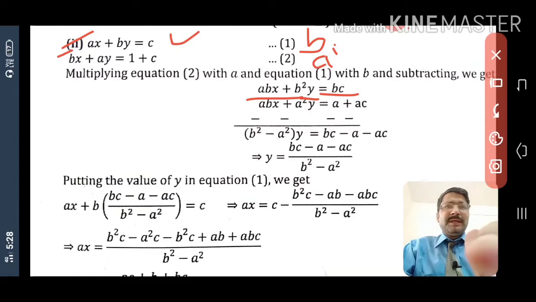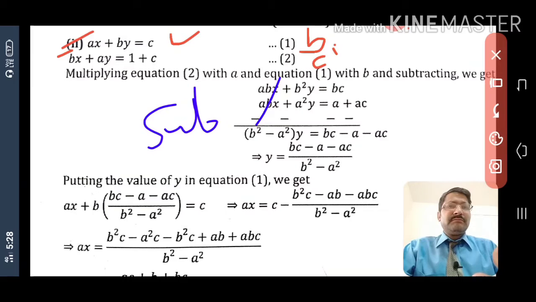The second equation we multiply by a, so we get abx, then a square y, then 1 plus c multiplied by a, that is a plus ac. Now we subtract: abx and abx cancel, and the signs change. After the sign change, y is common, so we write b square minus a square, y, equal to bc minus a minus ac.